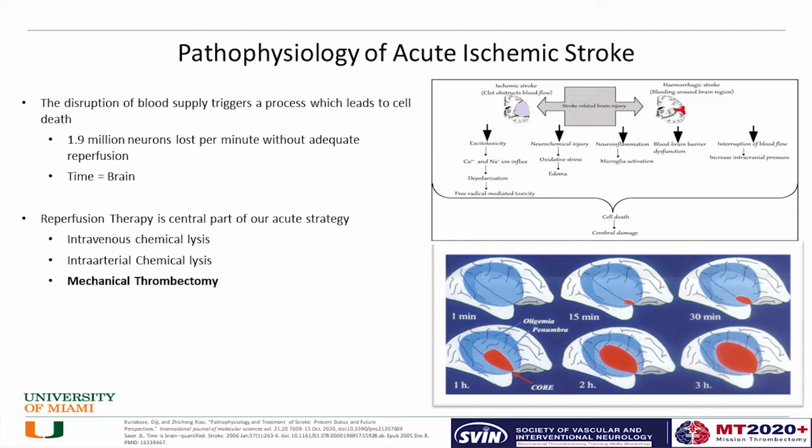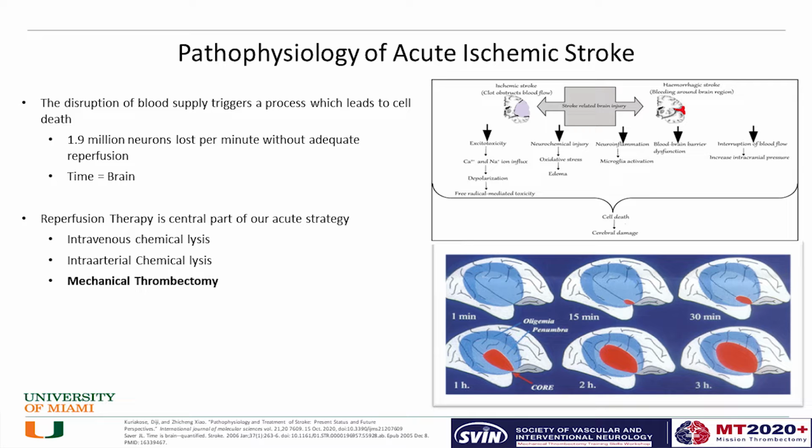So pathophysiologically, and many of you have seen this before, when a stroke happens, particularly a clotting stroke, there's a disruption of the blood supply to the brain, which then triggers a process that ultimately leads to cell death. If you look at the diagram, you'll see that the absent blood flow leads to excitotoxicity, which leads to free radical mediated toxicity.